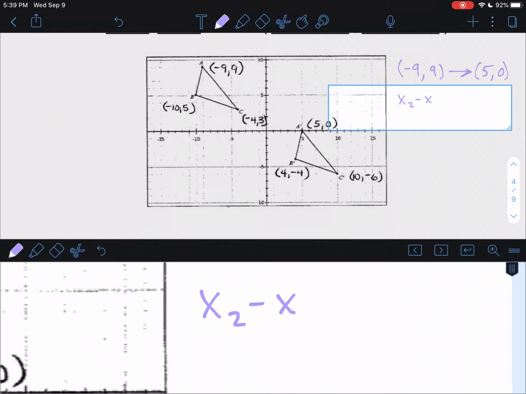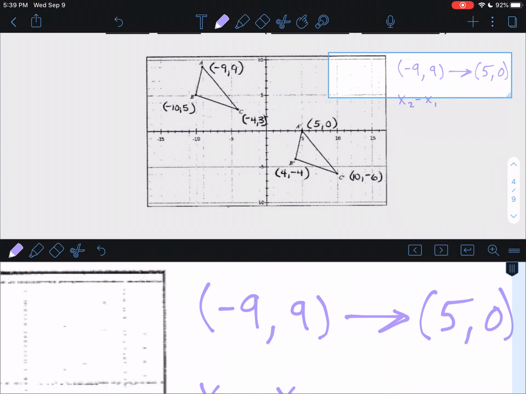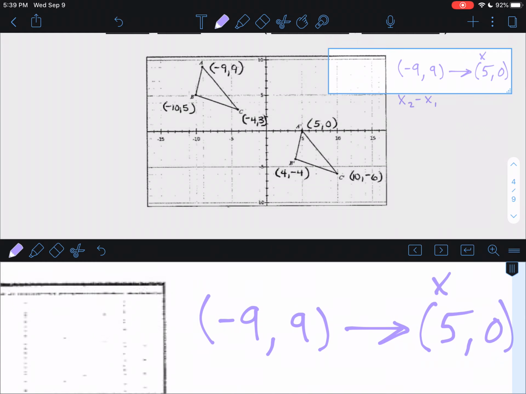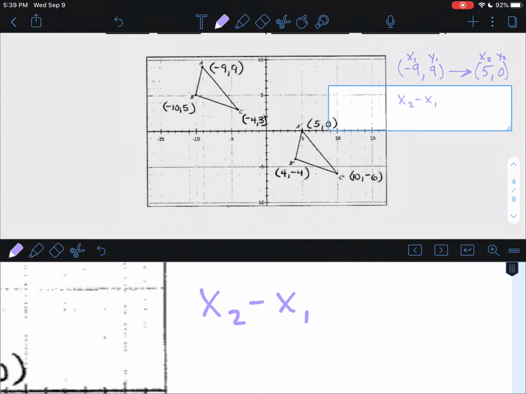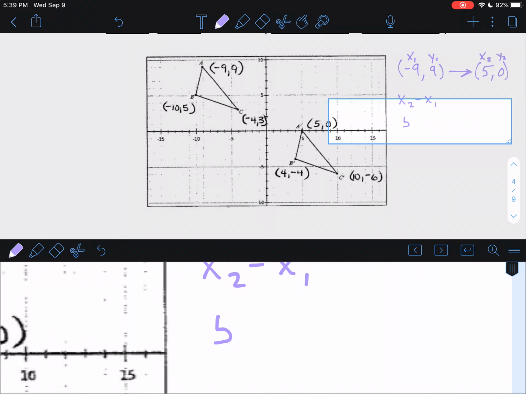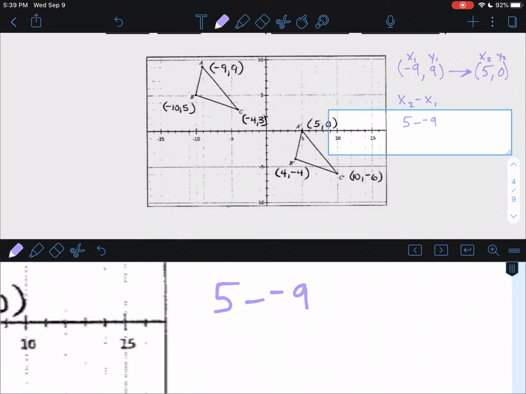This is my x2, my y2, my y1, my x1. So I take my x2 minus my x1, which is going to be 5 minus negative 9. And 5 minus negative 9 is positive 14.